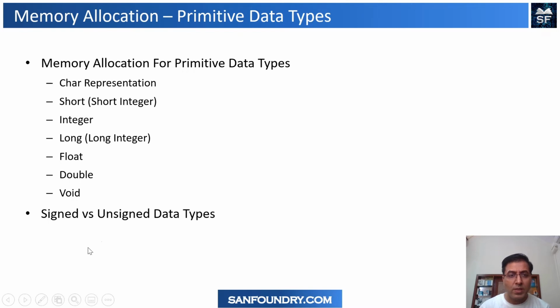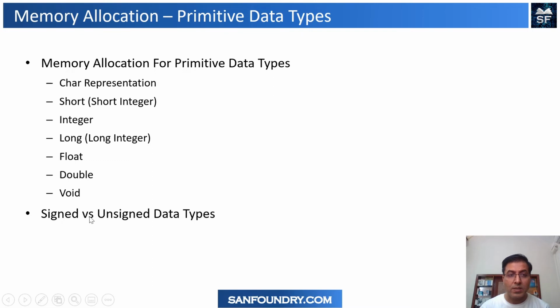Now, an important thing to know is that when you talk about memory allocation for a data type, whether it is a signed or an unsigned entity, it's fixed. Whether it is signed integer or unsigned integer doesn't matter, an integer is 4 bytes.